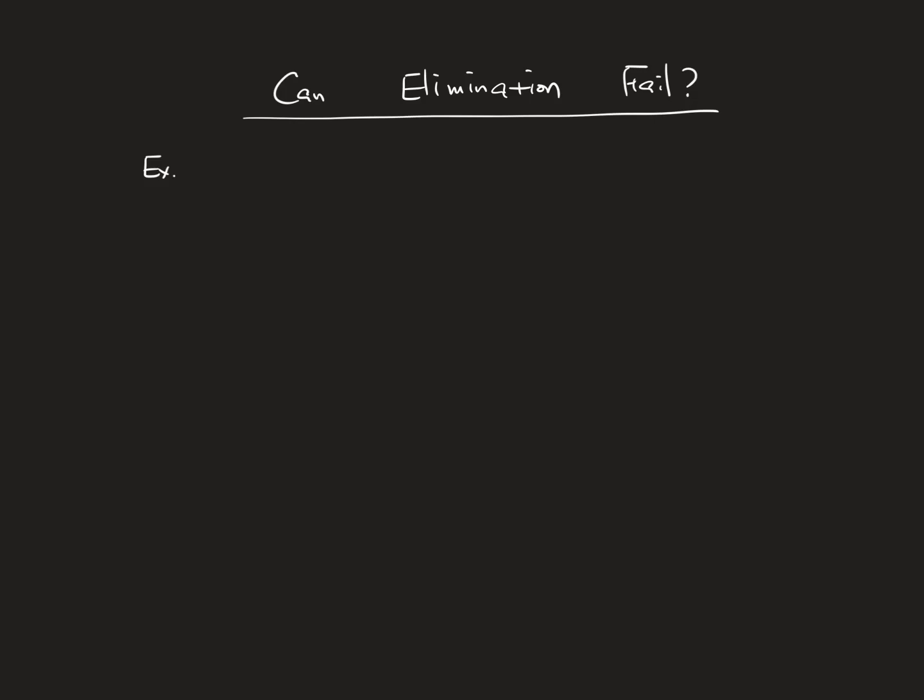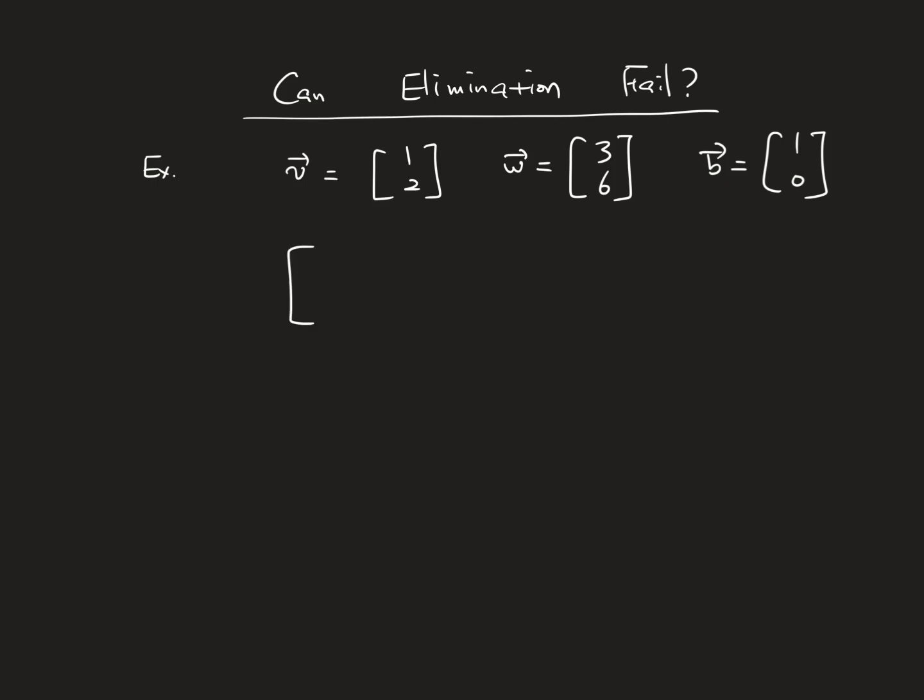See this example. When v is 1, 2, and the vector w is 3, 6, and b is equal to 1, 6. And so the equation in matrix format we can write down in this way.